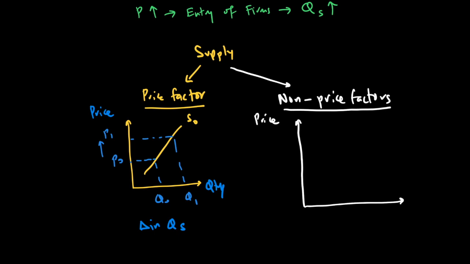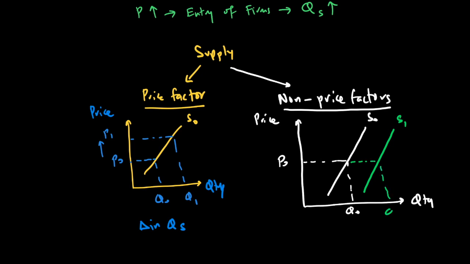This is price on the y-axis, quantity on the x-axis, and let's say this is my supply curve. And let's say currently the price is P0. If for P0 suddenly we are supplying more as a firm, we'll say supply is going up, because it's not a movement, it's a shift of the supply curve.